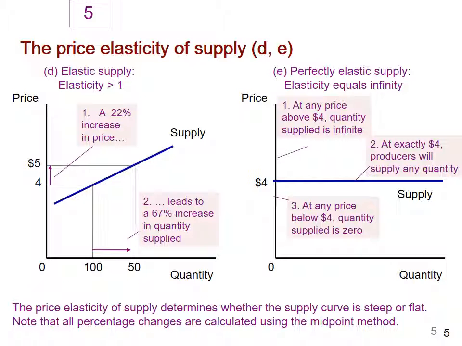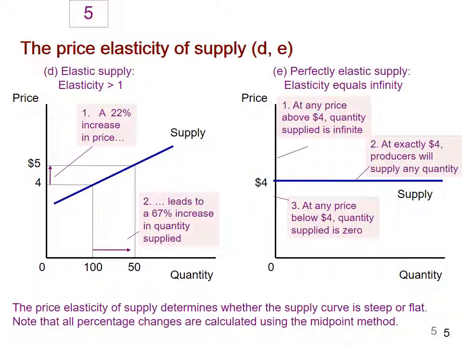In the extreme case, in panel E, the supply curve is perfectly elastic. Here, the sellers are extremely responsive to a change in price. The supply curve is horizontal.